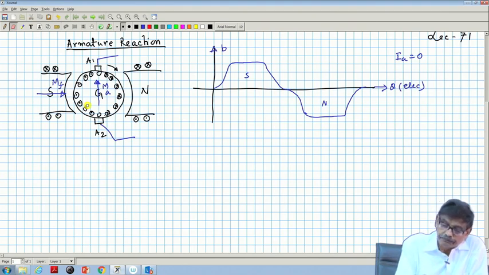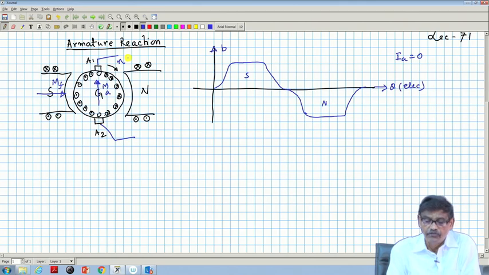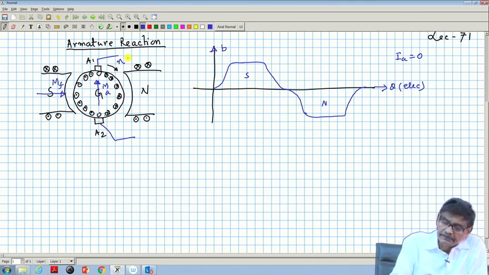Therefore, lines of force will be concentrated on this side. Another thing is, this is the direction of rotation. Another term people use often, so far as the direction of rotation is concerned: every pole has two pole tips, this is one pole tip, this is another pole tip.